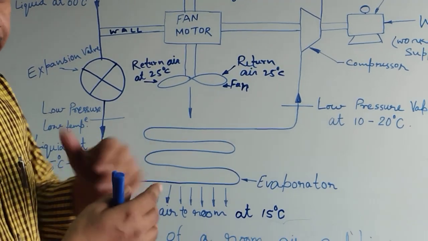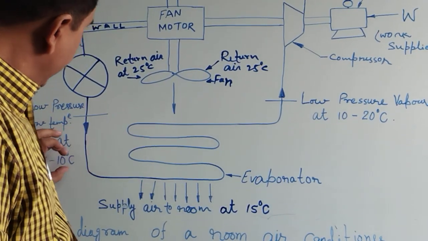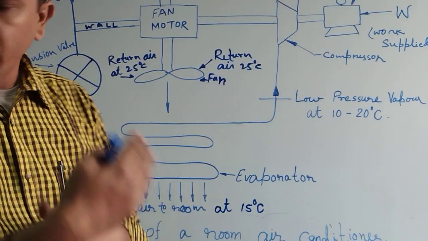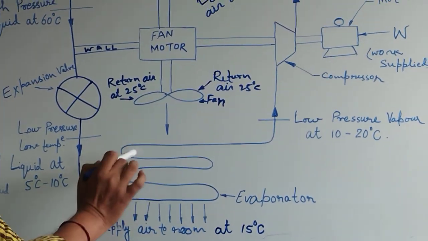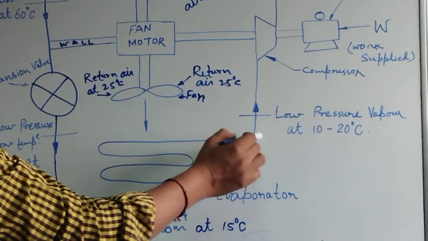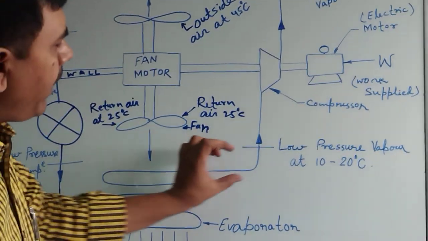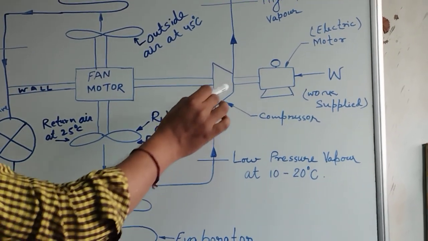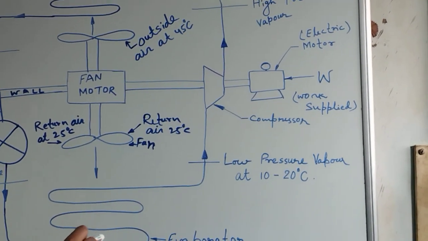The inside temperature's heat is received through the latent heat of vaporization, the hot air heat is received through the pipe, and it goes through the pipe to the compressor.